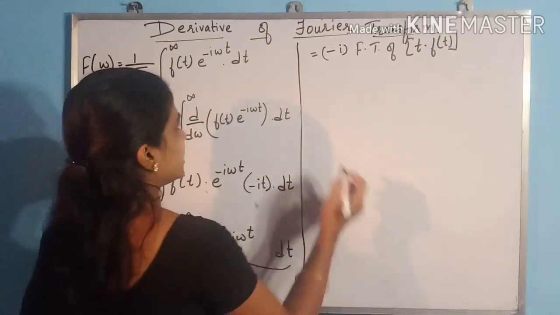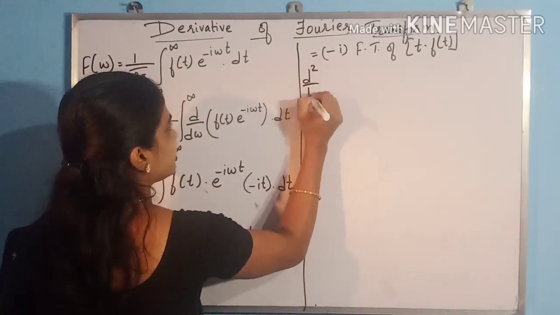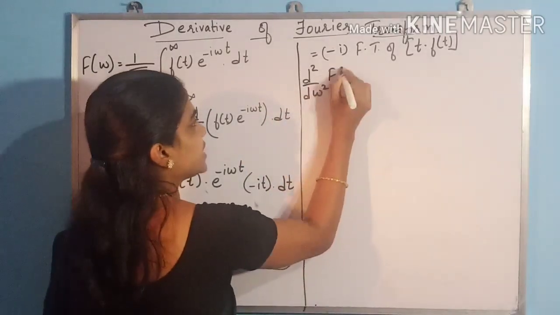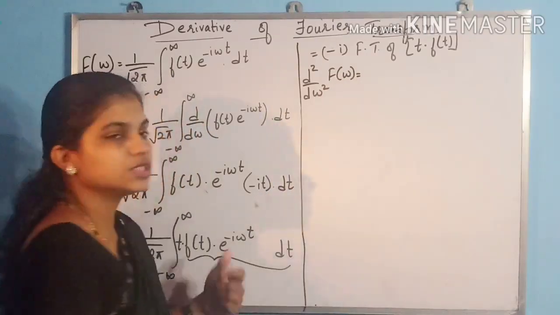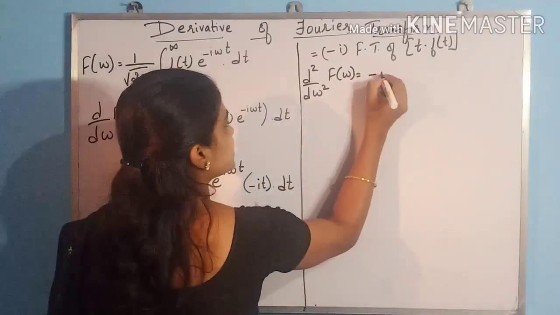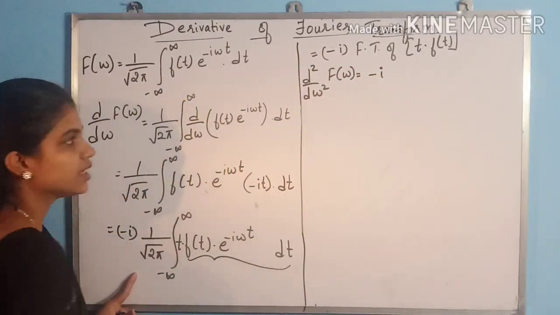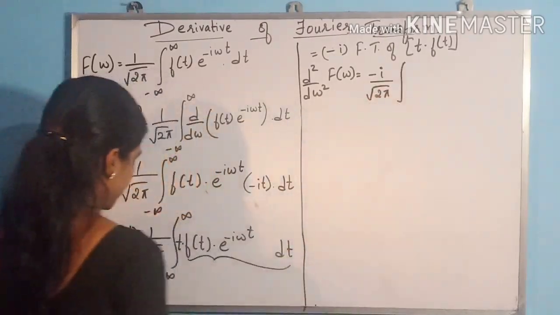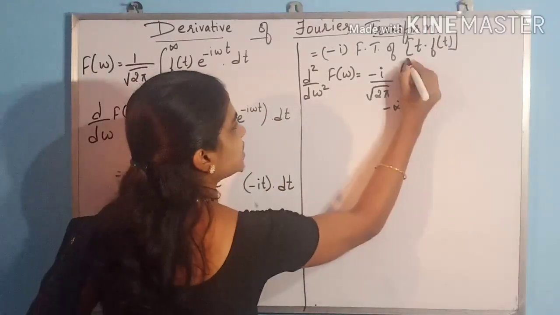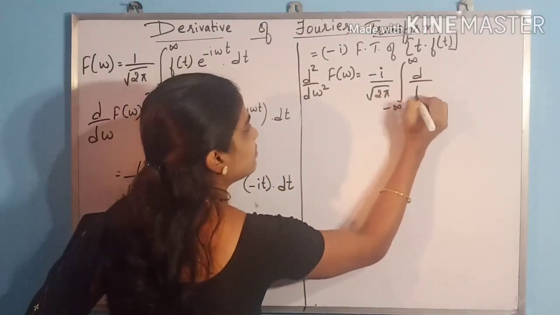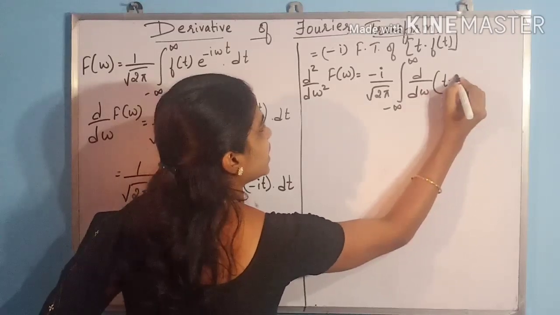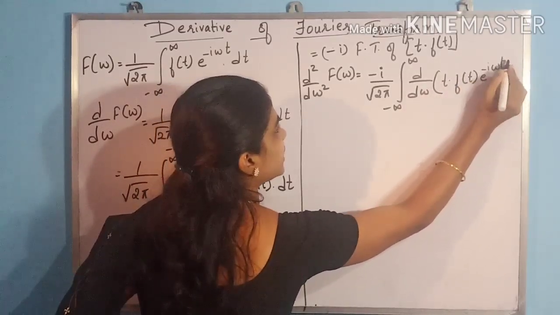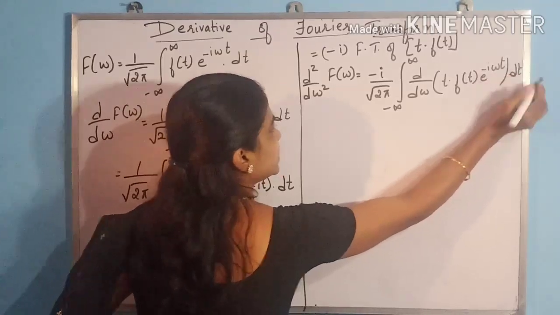Now let's differentiate it once again. So what will we get here now? We have the second derivative of F(omega) with respect to omega. So this is going to be minus i by root 2 pi, integration from minus infinity to infinity of d by d omega of t into f(t) e to the power minus i omega t into dt.